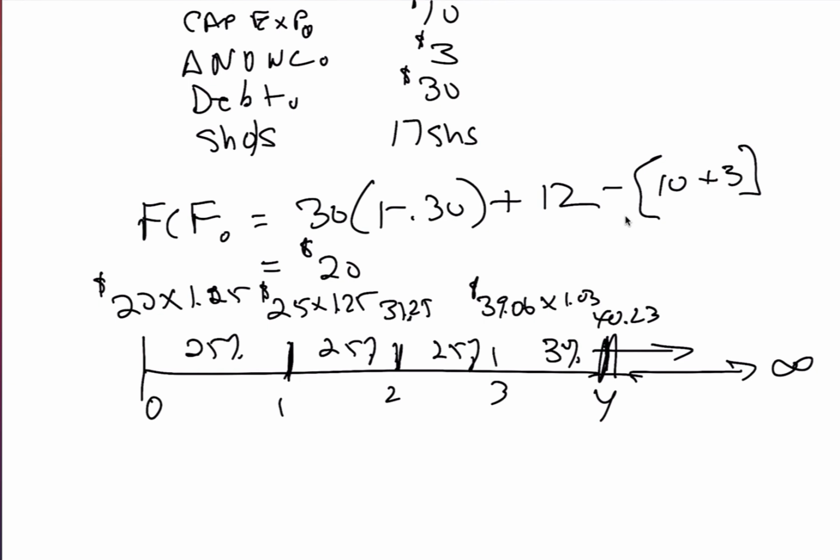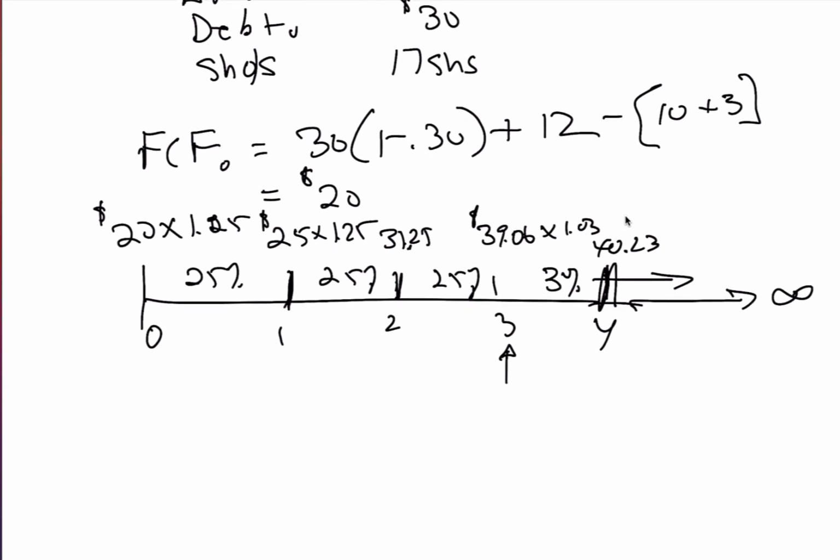So what we need to do is come up with the horizon value at this point, and that's going to be $40.23 divided by the weighted average cost of capital, 9 minus the 3% growth rate forever into the future, and this comes out to be $670.50.